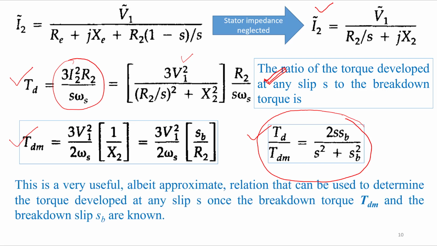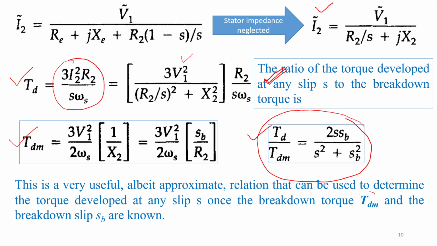Those who have not performed it, tomorrow they have the lab exam, they should be ready for it. This is a very useful approximate relation, and it can be used to determine the torque developed at any slip S once the breakdown torque T_dm and the breakdown slip SB are known.